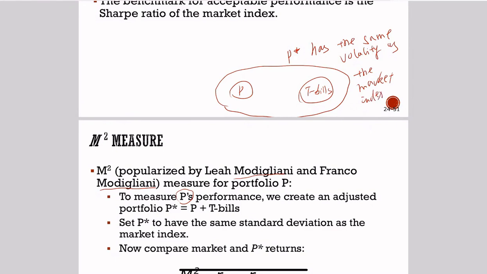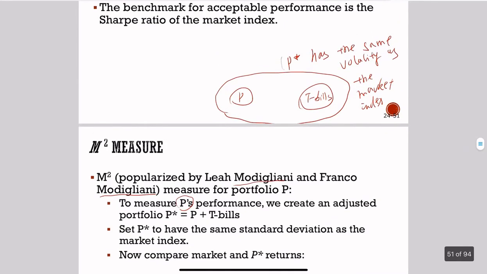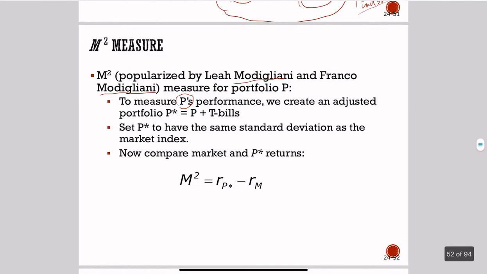Again, to think about market index, if you're in the US, you could use S&P 500, and if you're in Canada, you could use the TSX Composite Index.